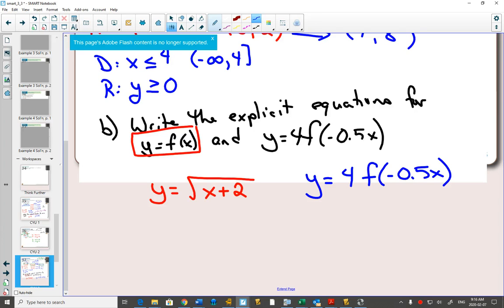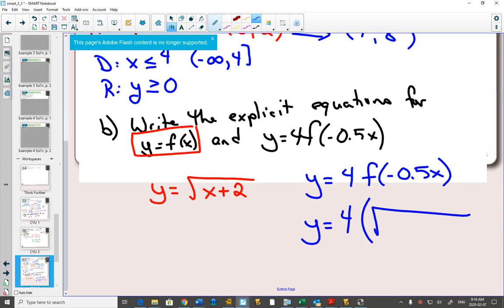Okay, so for our blue graph, there would still be a 4 out in front. And then instead of f of x, we need to write f of negative 0.5x. So remember, what does a function do? Wherever the x is, whatever you put in, you replace the x. So I had square root of x plus 2.